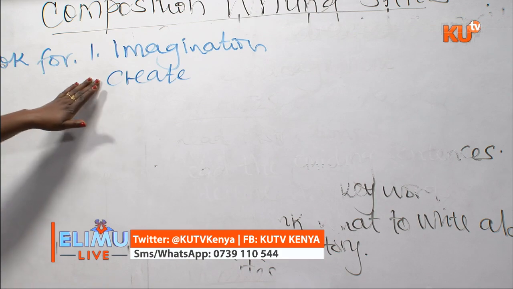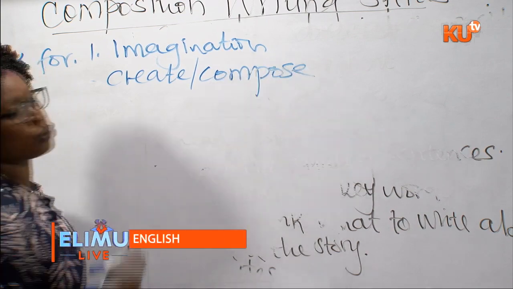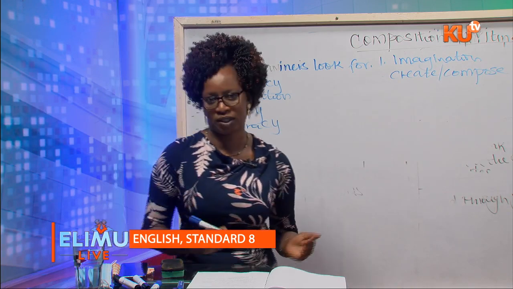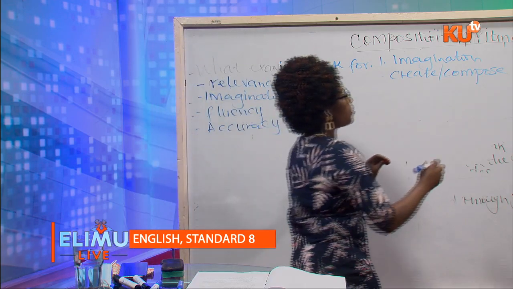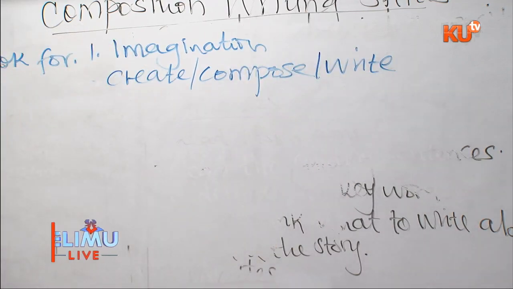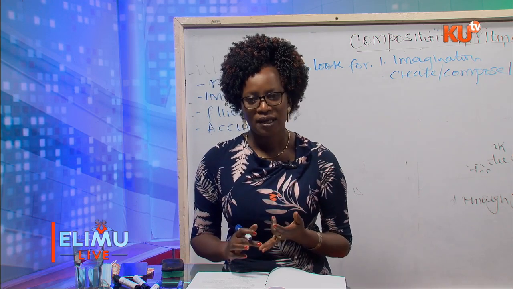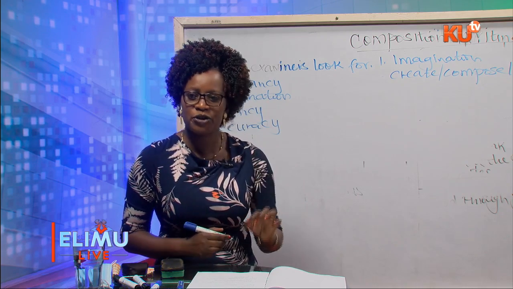So the ability to create, the ability to compose. Remember, the word composition comes from the verb to compose. And after that, are you able to write? So there are those 3 words in imagination: your ability to create, compose, and write. What type of a story? An original story.